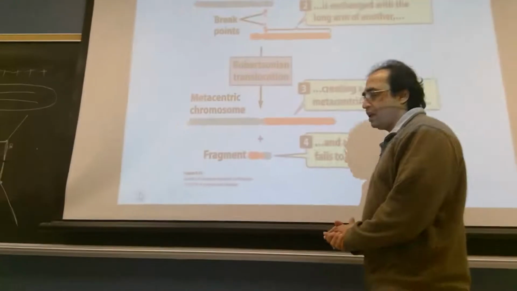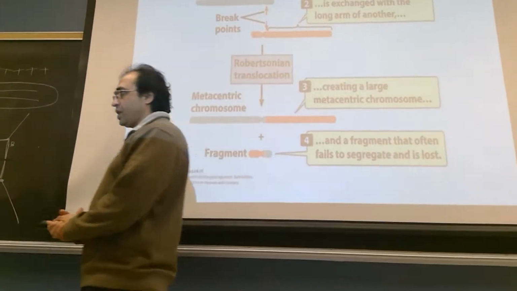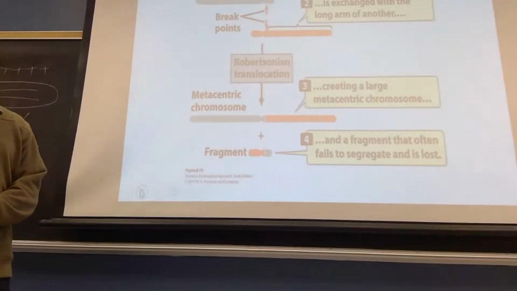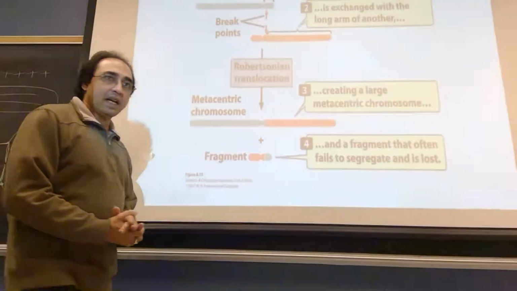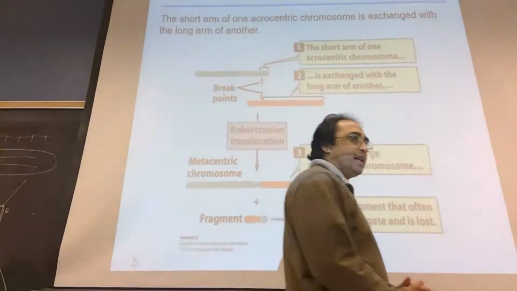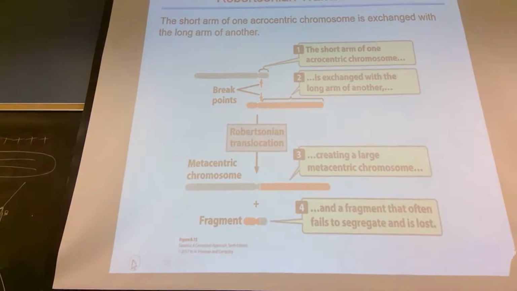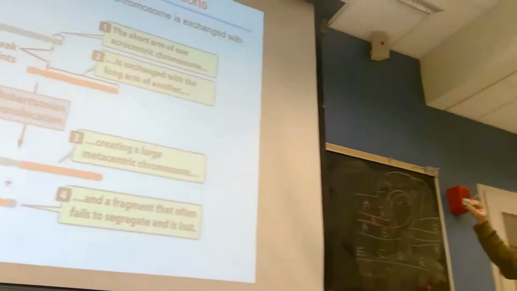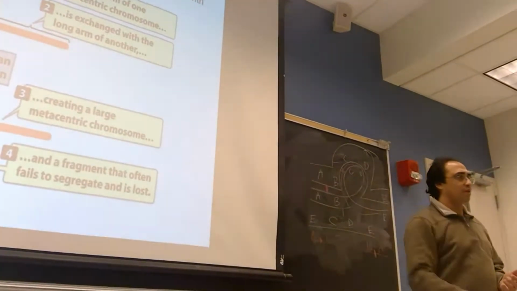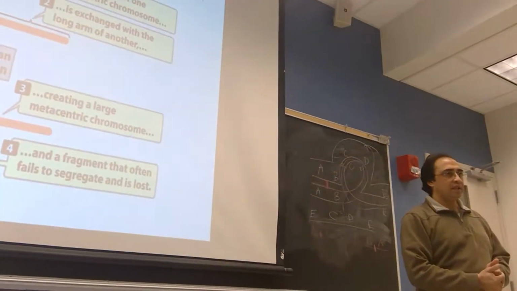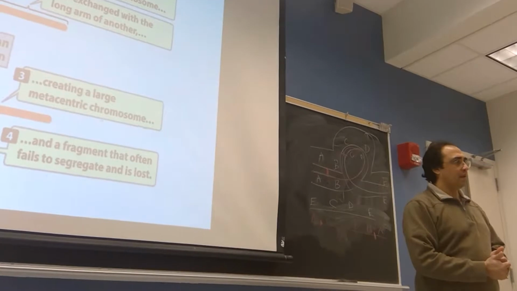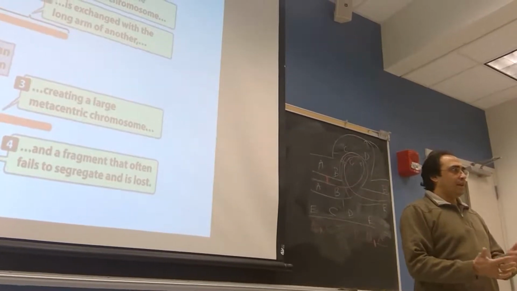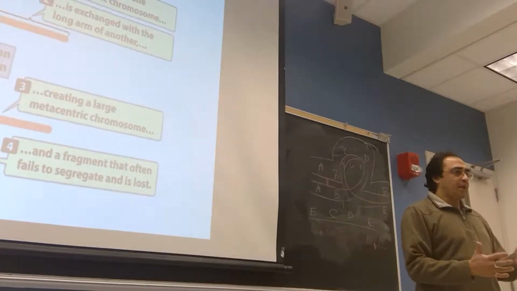What is happening here? If there are two chromosomes and they are acrocentric chromosomes, acrocentric means, what is that? What is acrocentric? Acentric means there is no centromere at all. And telocentric means the centromere is at the telomere region, that is the end point of the chromosome. What is acrocentric? Acrocentric, submetacentric, metacentric.